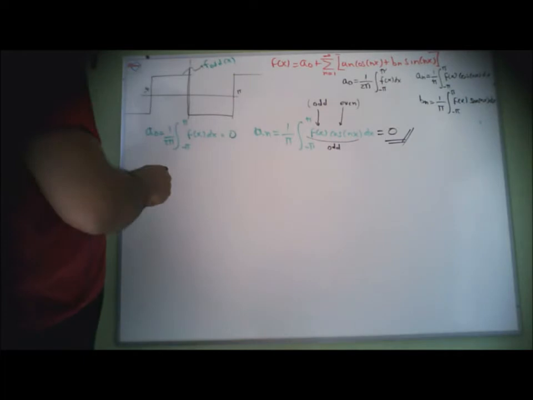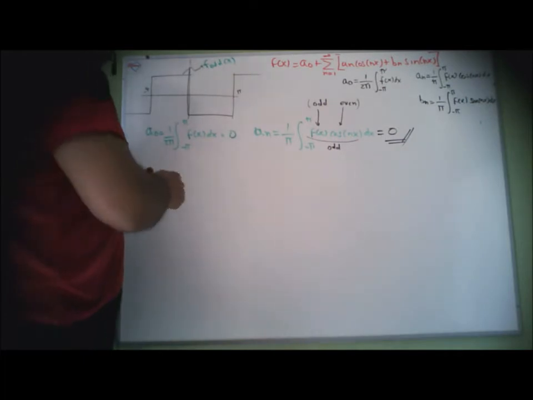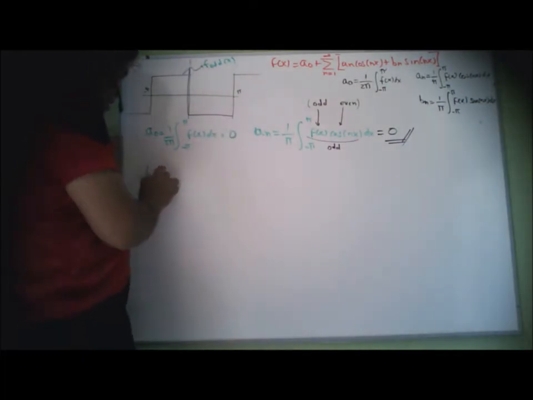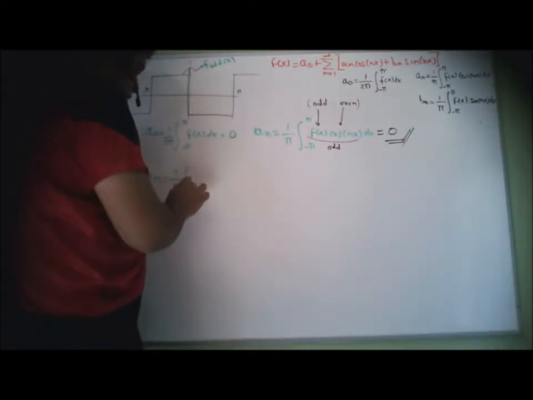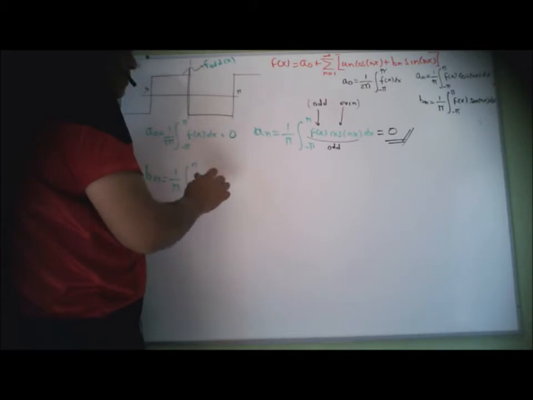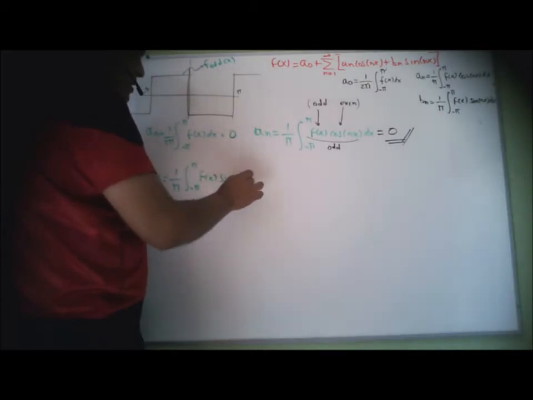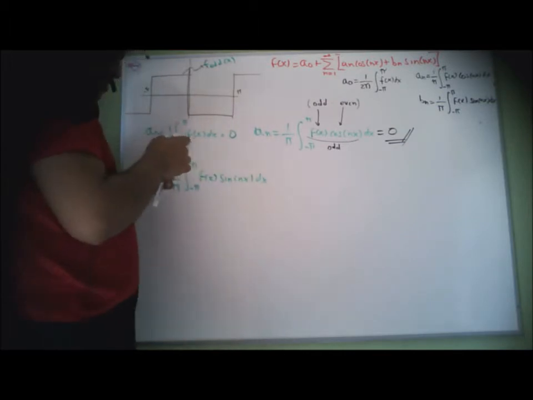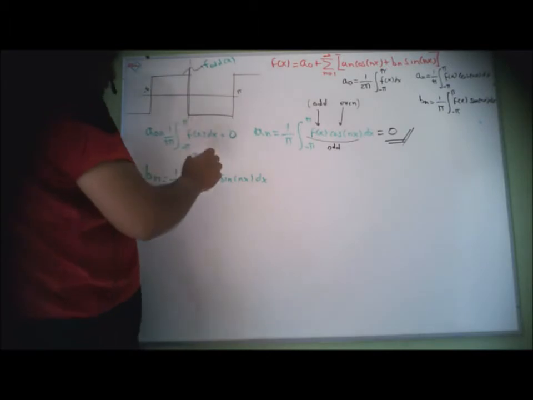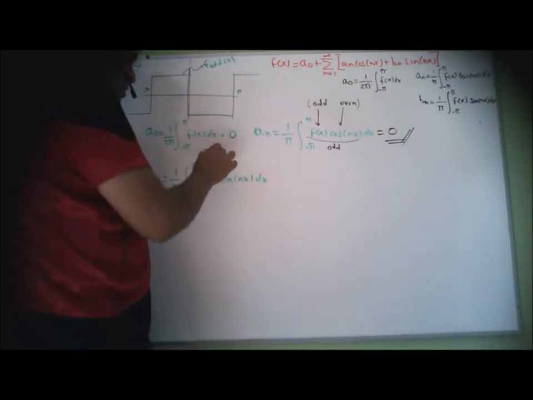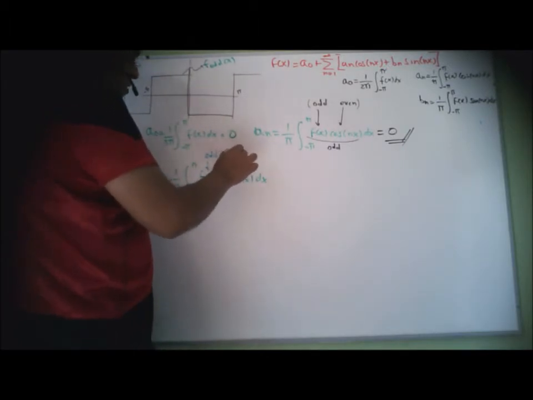Okay, now, the only thing left is the calculation of bn. Bn is equal to 1 over pi, the integral from minus pi to pi of the function f of x, the sine of nx, differential of x. And again, here, this one is odd, and this one is also odd.